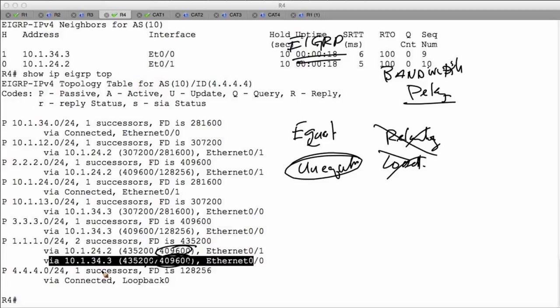Each one of these interfaces is going to have a particular load count. Let me illustrate that. I'm going to come over here and show ip route for, is it 4.4? No, on here it'll be 1.1.1.0.